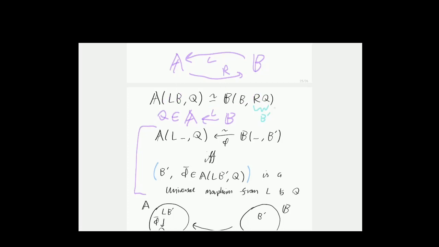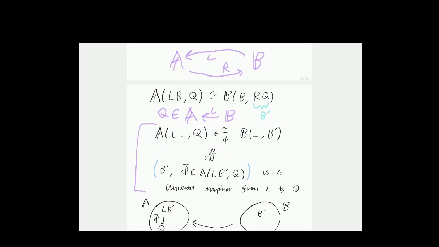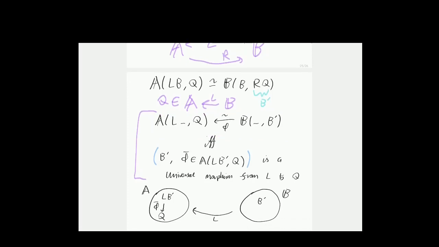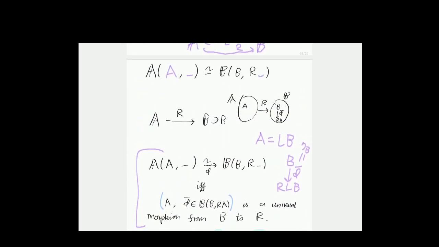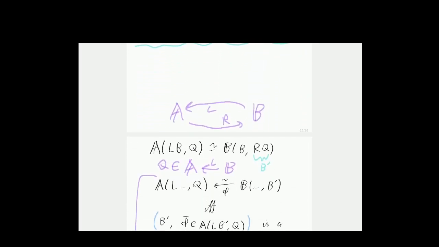And then if we replace the R of Q with B dash and the B with a blank, we get this. And then we see that the co-unit of this adjunction ends up looking like this. And similarly, the result we've been looking at previously, you can get by working the other way around.